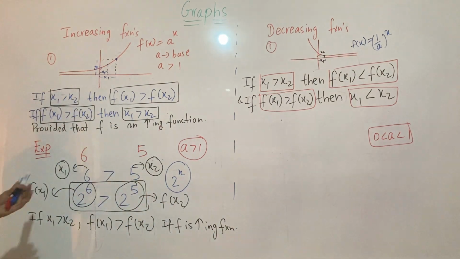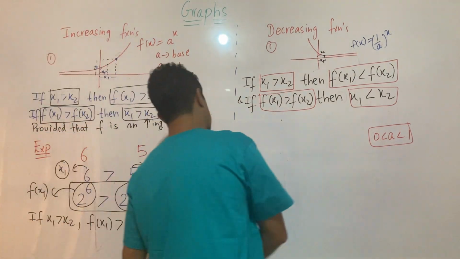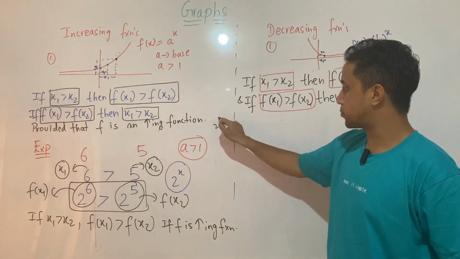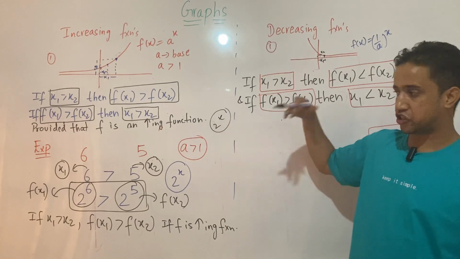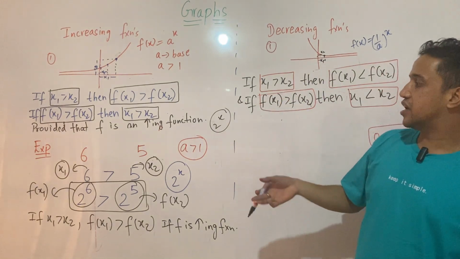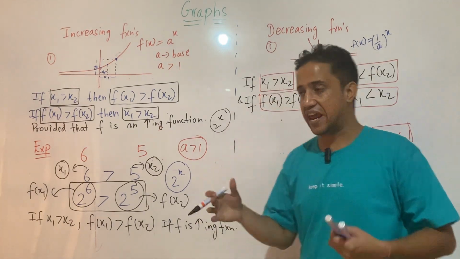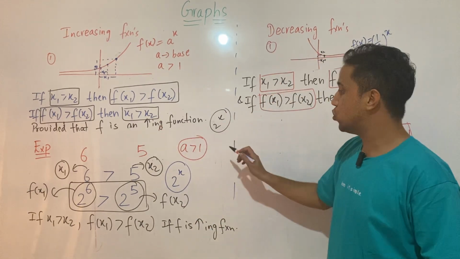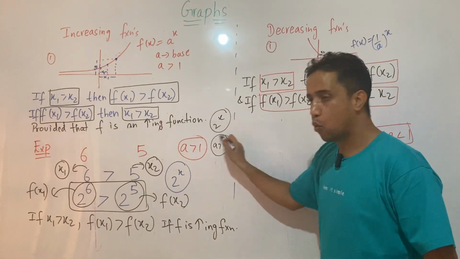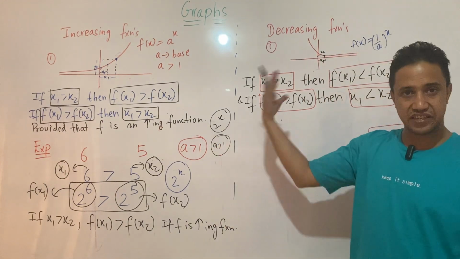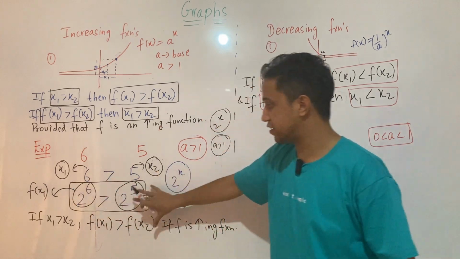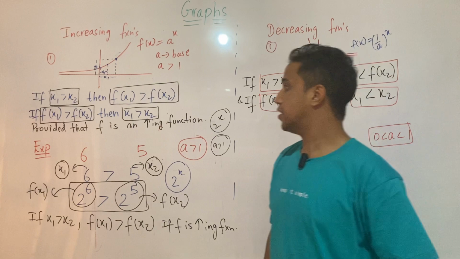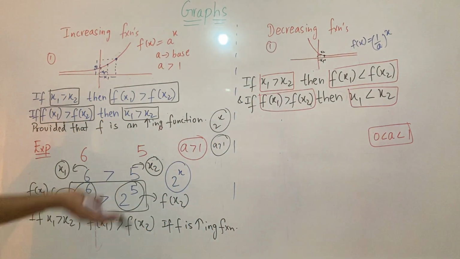We know that the exponential function 2 raised to the exponent x is an increasing function. Why? Because this is of the form a raised to the power x, and a is equal to 2, which means a is greater than 1. So this function is increasing, and it satisfies this thing. Now go to the next one.